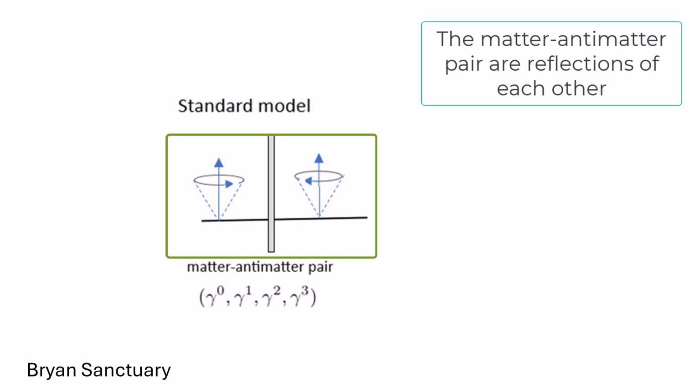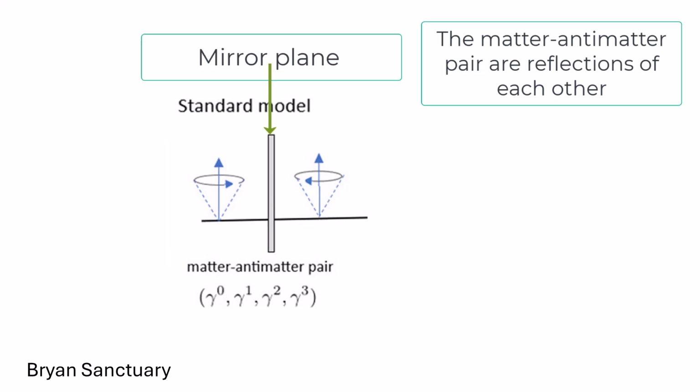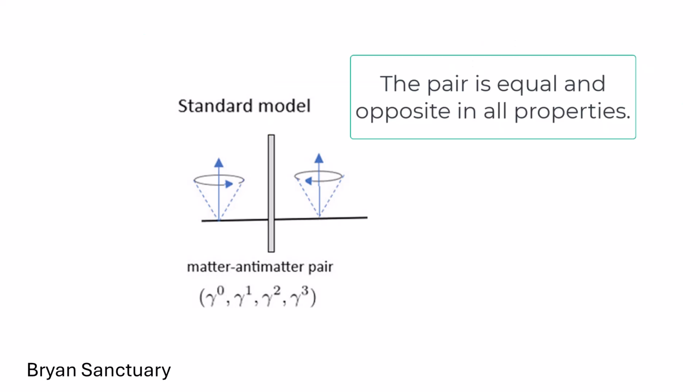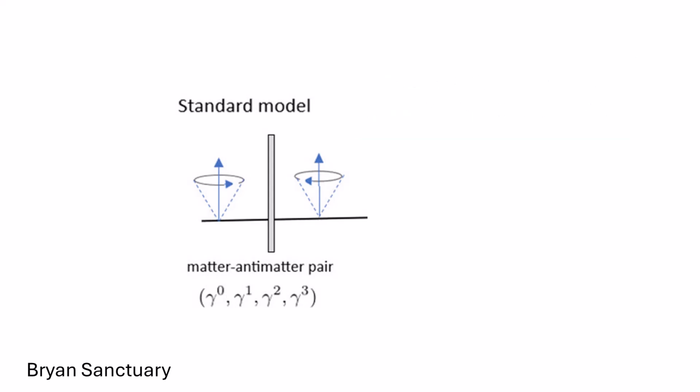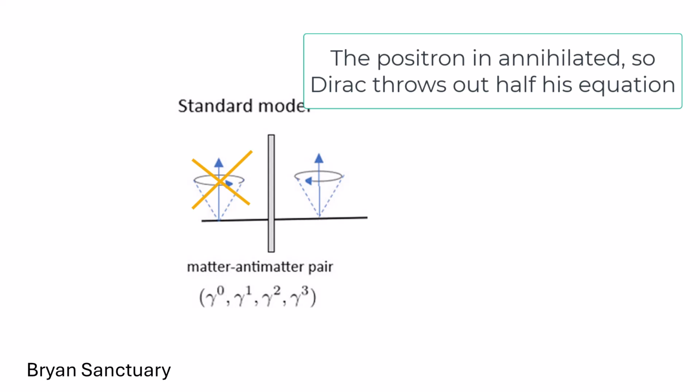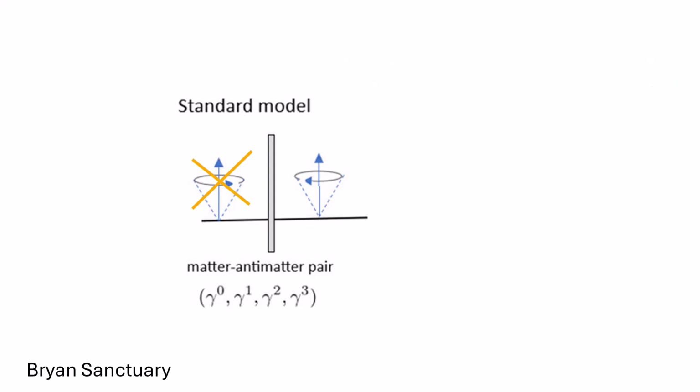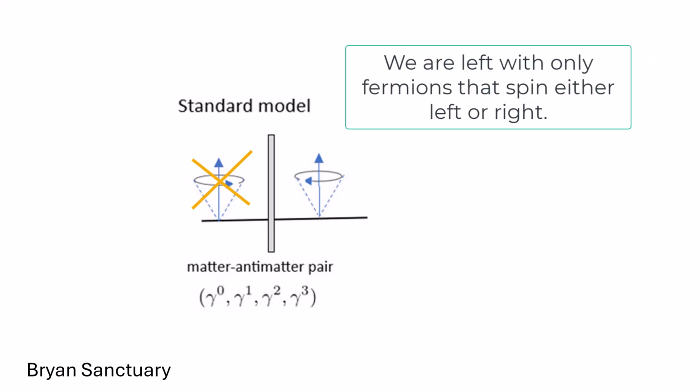They are reflections of each other. See the bisecting mirror plane. They are equal in every way except opposite, which motivated his matter-antimatter idea. Of course, when the positron collides with an electron, it is annihilated. So really, Dirac throws away half the Dirac solution. We are left with only fermions, which spin either left or right.